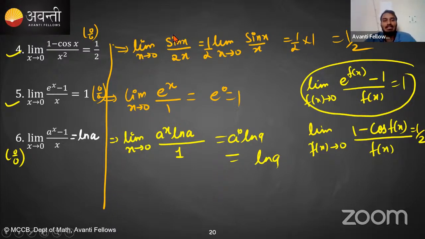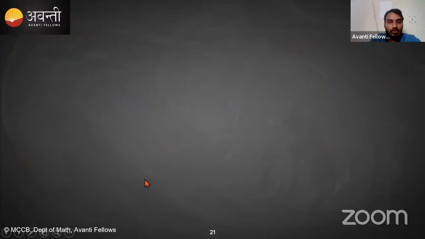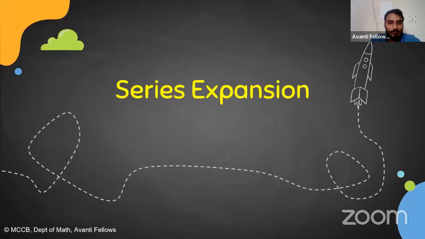If it is clear, then let's proceed further. So these are the 6 important results we will be using, okay? And there are more than that also, but for now, we will be concentrating on these 6 important results. And now students, there is one more thing about the result: this result can be derived using the series expansion also, though it is not in our syllabus.